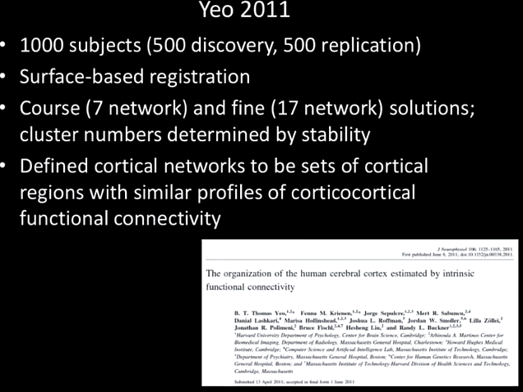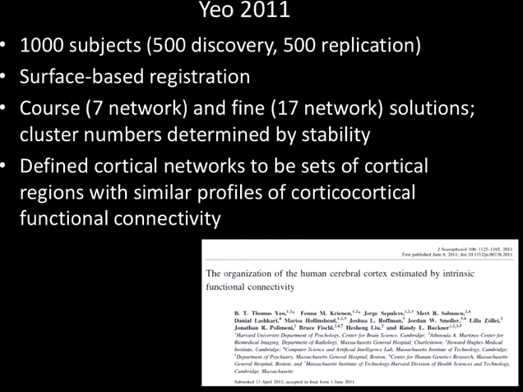So Thomas Yeo, a Singaporean, has put out, I think, one of the most cited parcellation papers in the business. This was a really nice paper because it did a lot of things. It had 500 subjects in the parcel-identifying data set, and then 500 subjects in a replication data set. So it did a lot to mitigate our concerns about heterogeneity and individual variability.